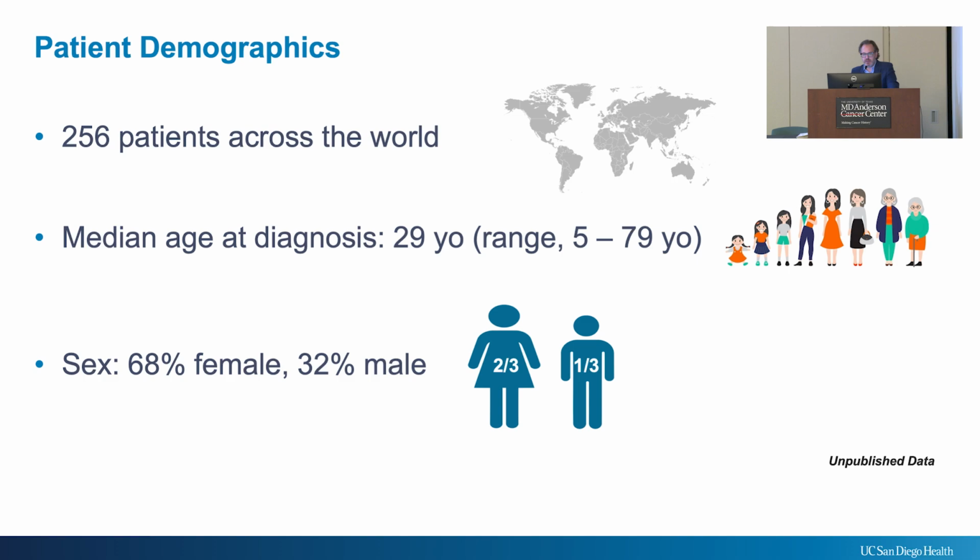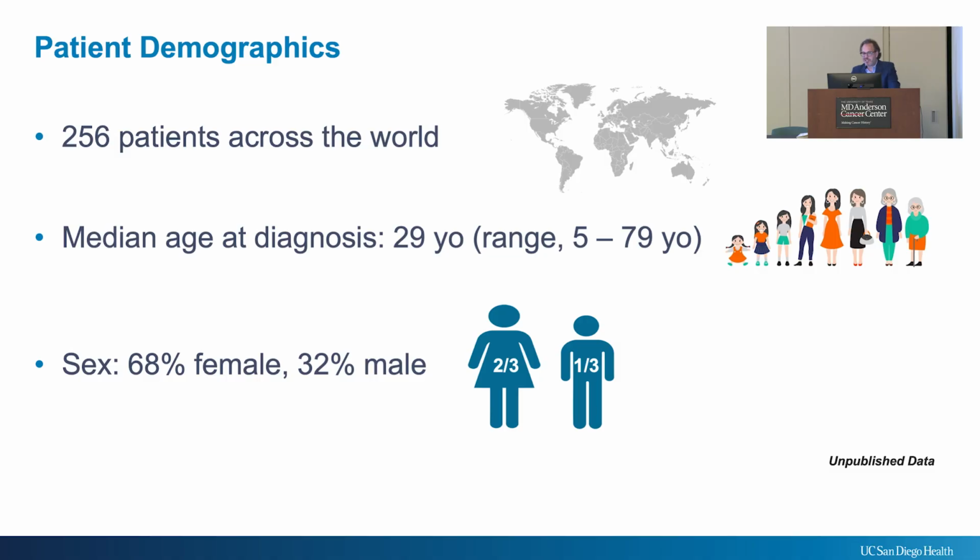We're right now in the process of merging our data set with another data set from a group in Europe that has another 140. So we'll be up somewhere close to 400 patients with SDH-deficient GIST, which will truly be the largest analysis, and will give us the most definitive perspective of the biology and the natural history of this disease.